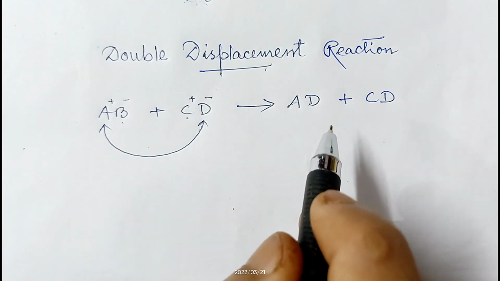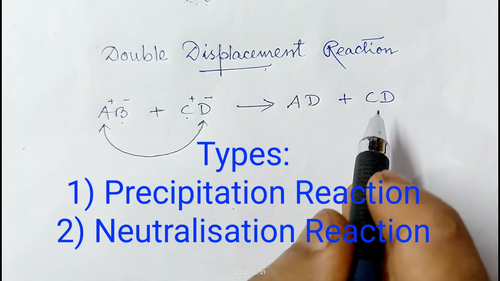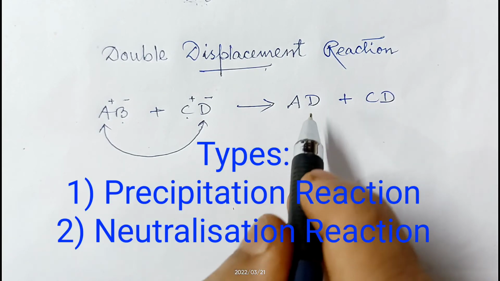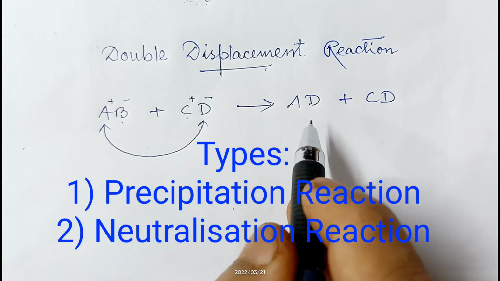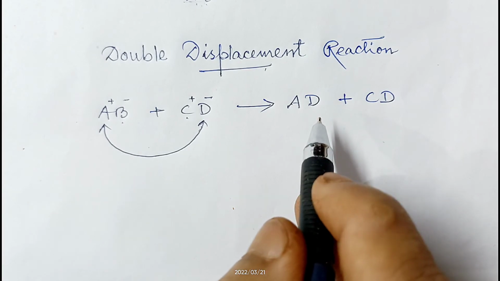Now this double displacement reaction can be classified into two kinds. First one is called precipitation reaction and second one is called neutralization reaction.